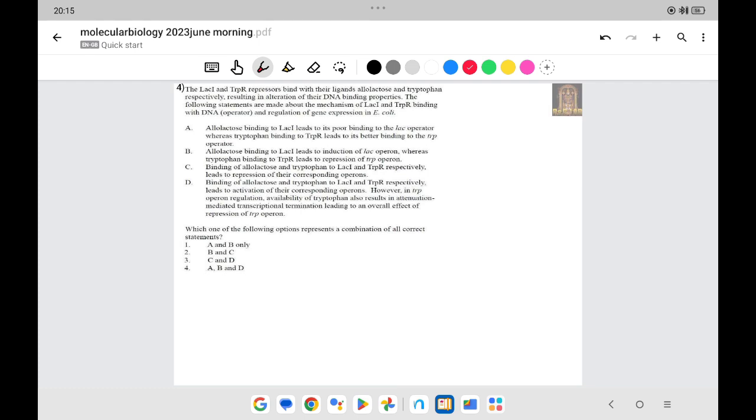So here, I am drawing the structure of the lac operon. Here you can see the repressor protein.